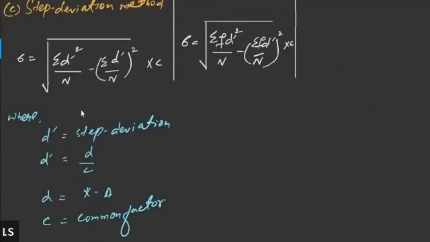And here also d dash means step deviation, and d dash will be calculated as usual by dividing d by the common factor. And to calculate d, we will be subtracting the assumed mean from the x.